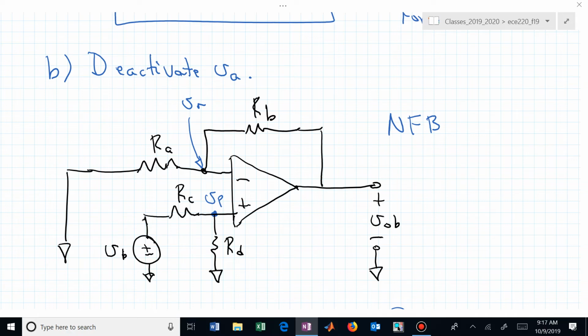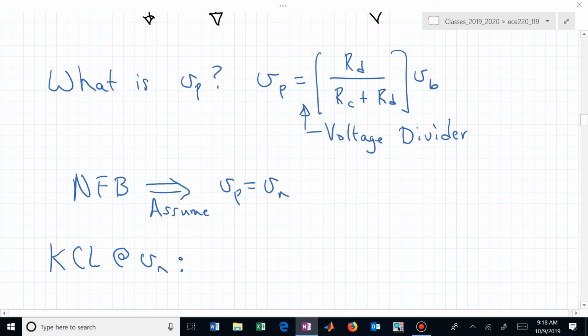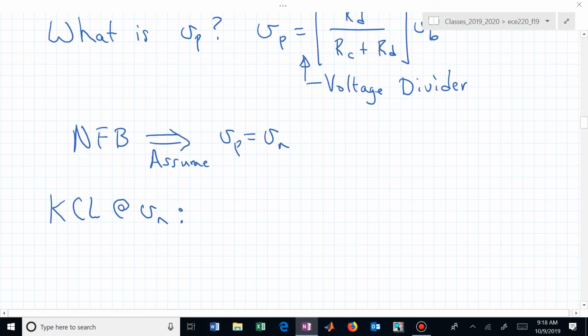The current going to the left through R sub A is V sub n minus 0 over R sub A. The current going to the right through R sub B is V sub n minus V sub OB divided by R sub B, plus this current that's 0 right here. And all of those sum to 0.